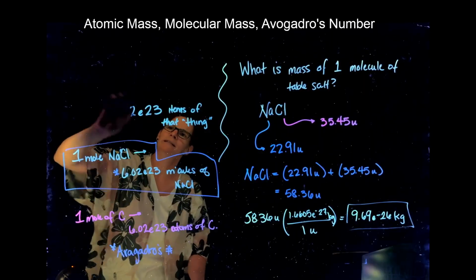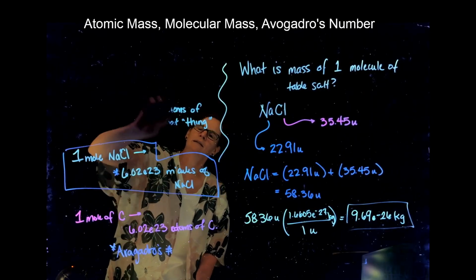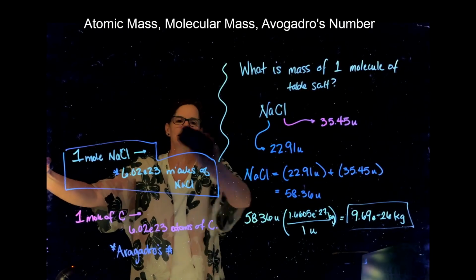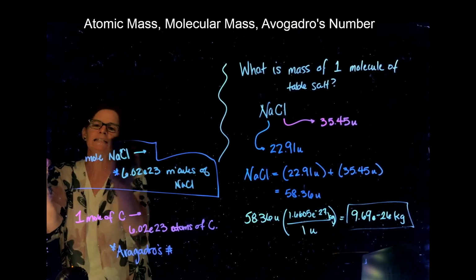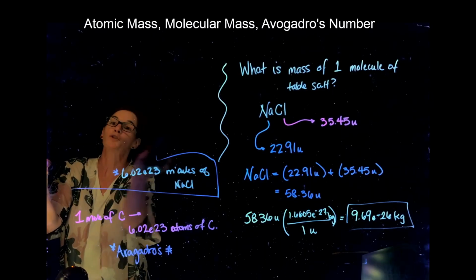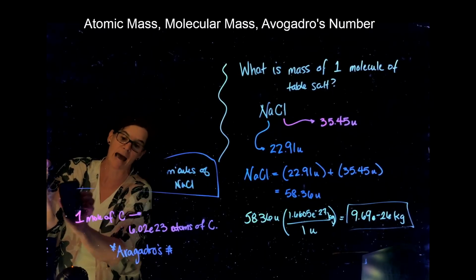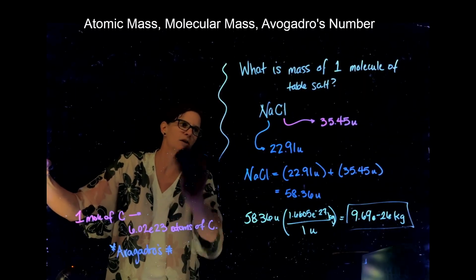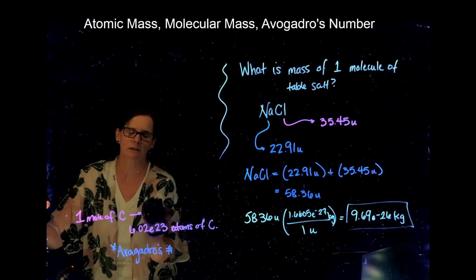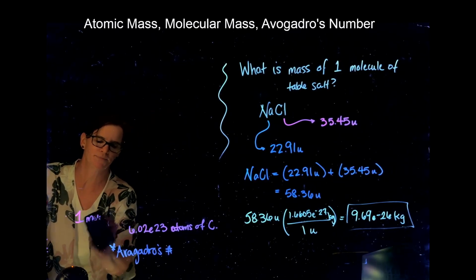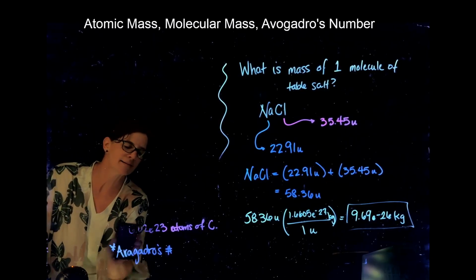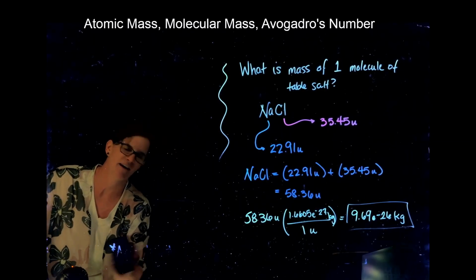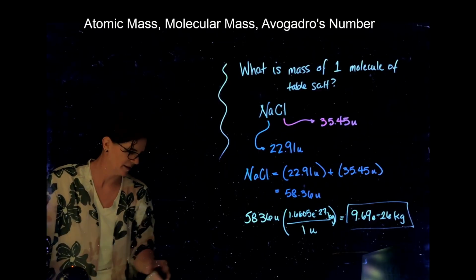All right, so it turns out that the atomic mass is not only a description of the mass of a single atom of carbon. It is also a description of the mass of a mole of carbon.